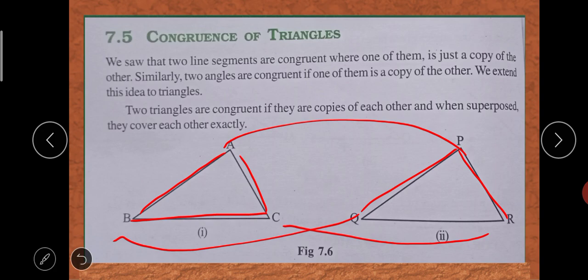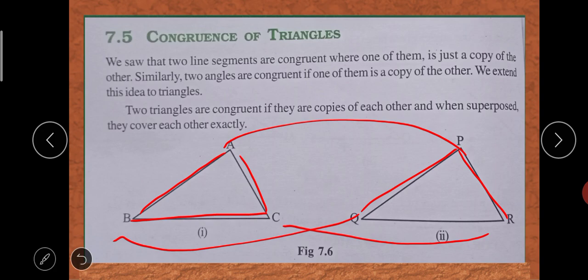So, if two triangles are congruent, then their corresponding parts also match one another and they are equal. That means when we place PQR on ABC, we find that they are the same in shape and in their lengths. That's why we say they are copies of one another. So we find the corresponding vertices, sides and angles. Which are the corresponding vertices here? Vertices means the corners.